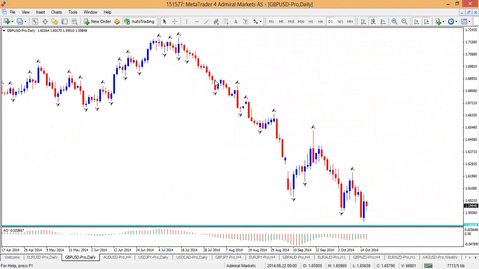If we then zoom into the daily, though, we do see that, of course, that uptrend has been broken. And we can quickly start fibbing it to the downside to see what is valid here for that downside.